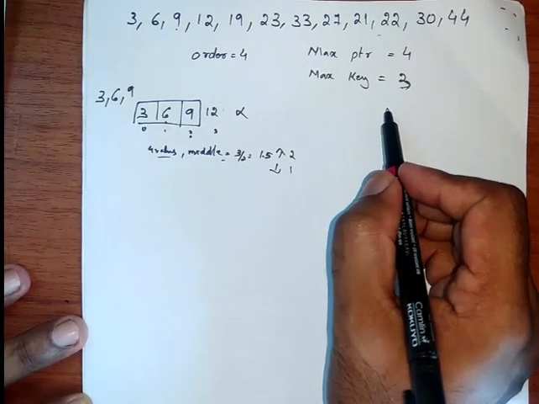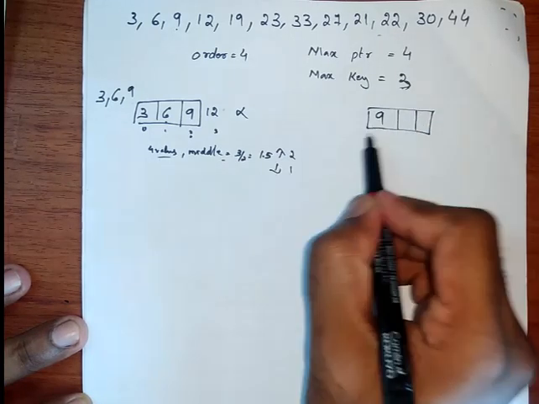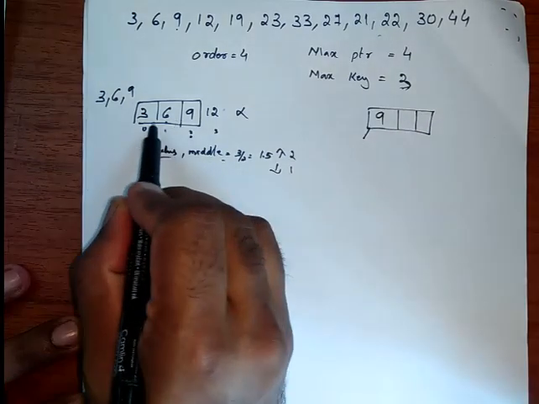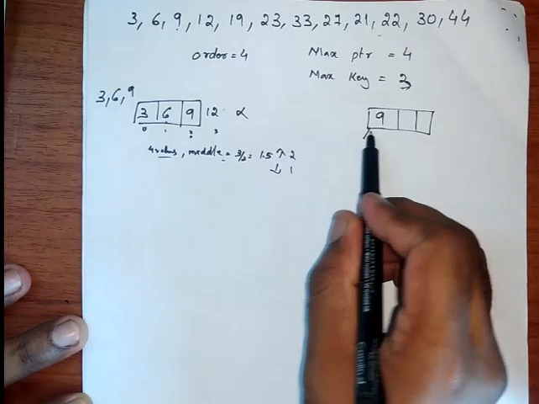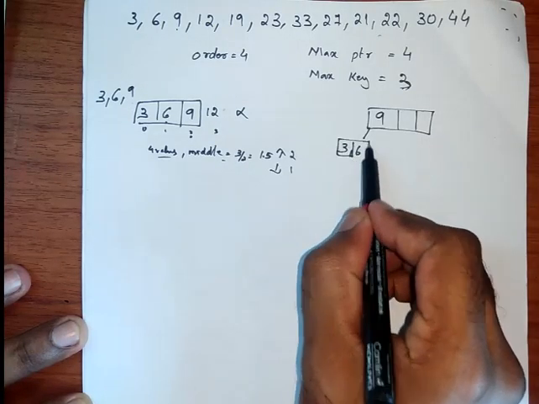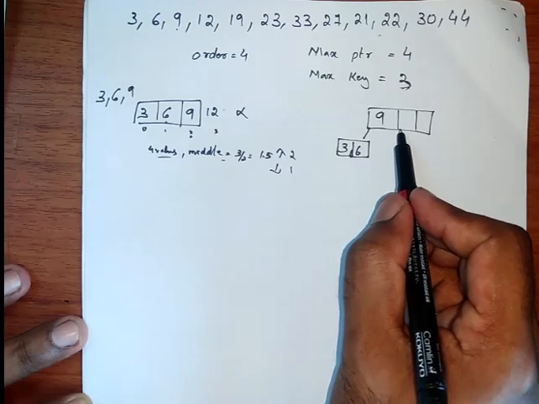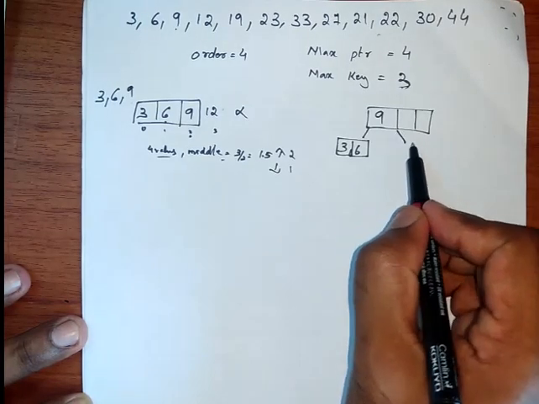Since it's a root, I am going to build a new level which contains only 9 and an empty position. Then on the left it becomes 3 followed by 6, and on the right you have to see a change from the B tree.